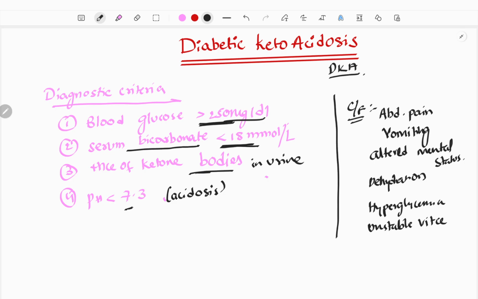So a patient presents with abdominal pain, vomiting, altered mental status, dehydration, or with unstable vitals.